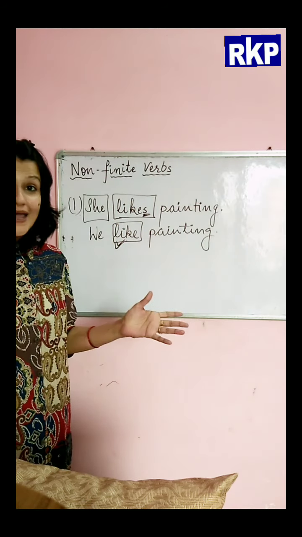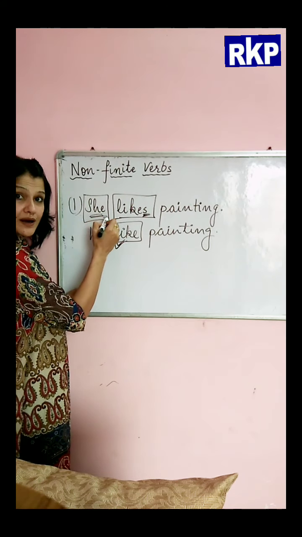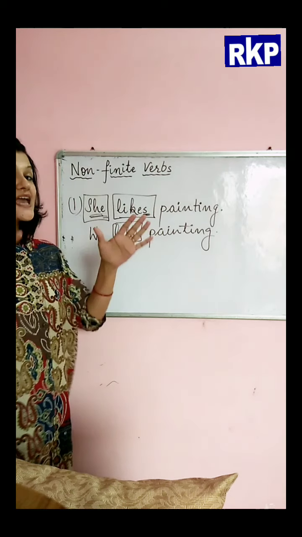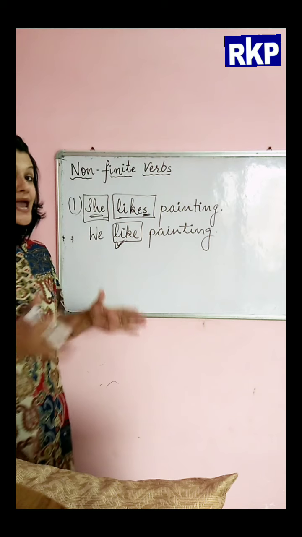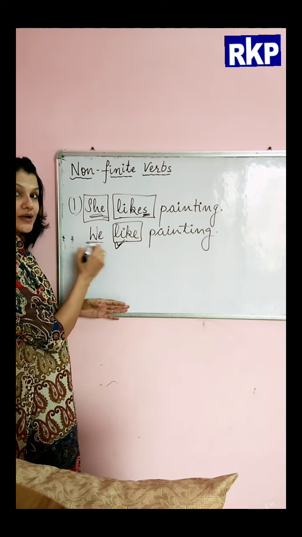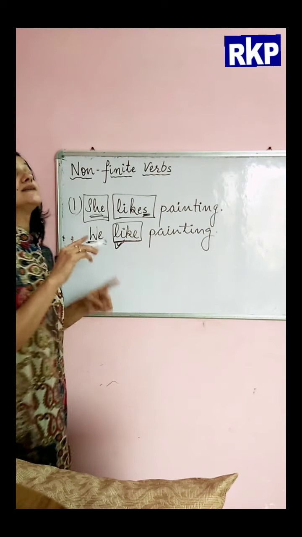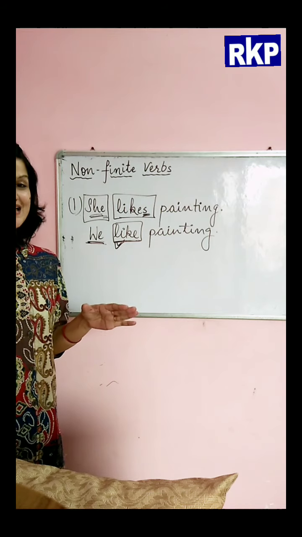Okay, and why is that so? Because with singular subject, the verb takes S and ES if it is in simple present tense. Okay, and with plural, the verb does not take S or ES with itself.